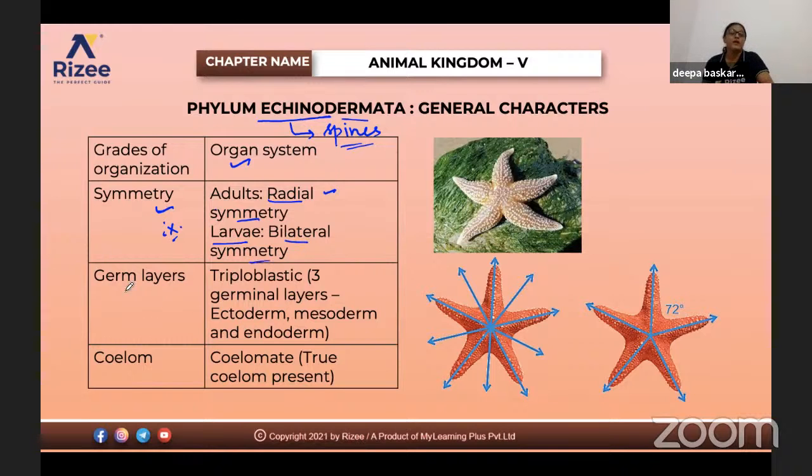This you have to remember. All three germ layers are present, and they have a true coelom. See here, they have radial symmetry as adults. The larvae do not have the spiny outer covering, so they have structures like this and bilateral symmetry.